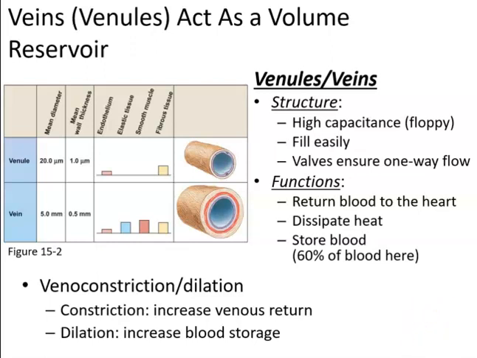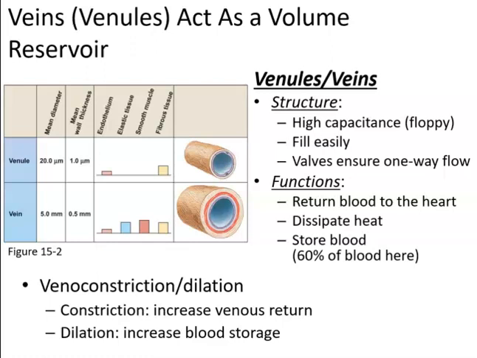That means that they can hold a large volume of blood. And they are floppy because they are thinner walled and can expand more easily in order to accommodate more volumes of blood. So they fill very easily and have valves to ensure one-way flow and prevent the backflow of blood.